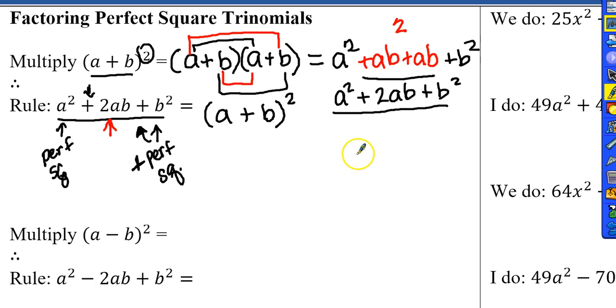Now, I could prove this with the AC method, and I'm going to, but please don't write it down. Just watch so that you can connect it to what we already know. If I use the AC method, what's my A times C? 1, right? Because it's 1 times 1. And what's my B? So what are the two factors? 1 and 1.